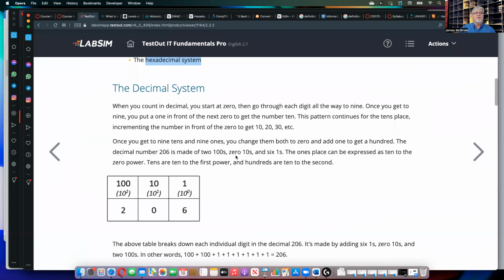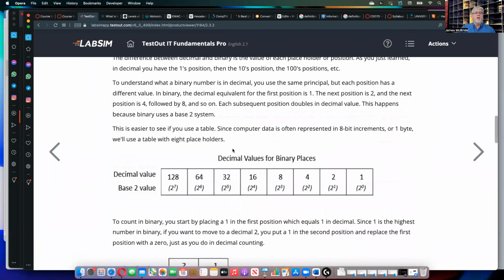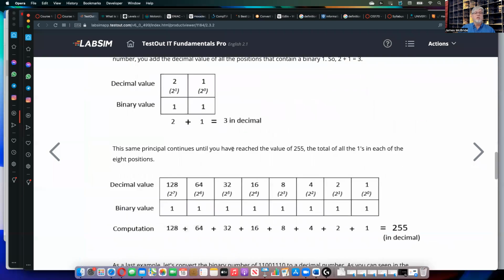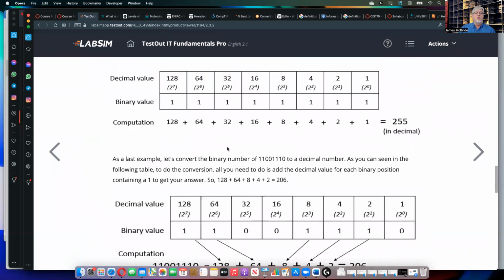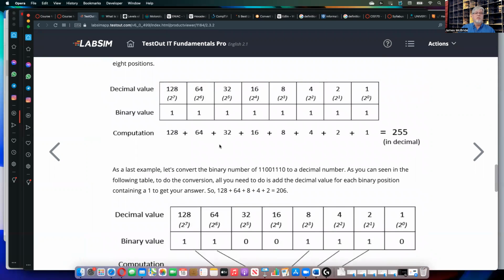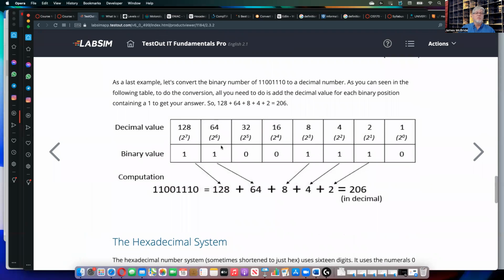Jumping back over to the test here, it gives you basics of how each of these works. Usually when you start seeing math stuff, you're like, this is really going to cause me an issue. And the honest truth is this is something to know. This is something to have in your head. Like, I realize that data representation is happening because I need to get down to these ones and zeros.